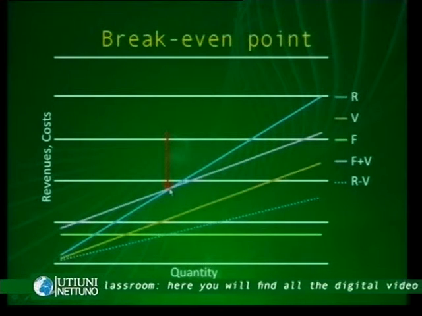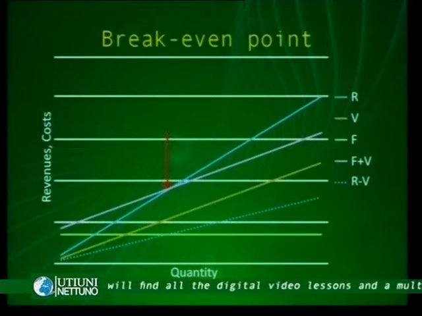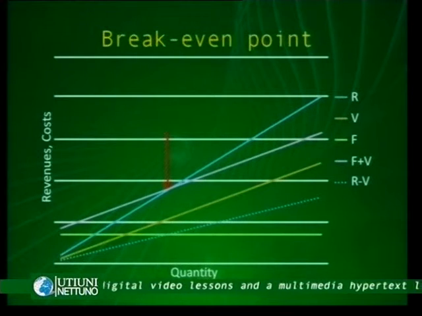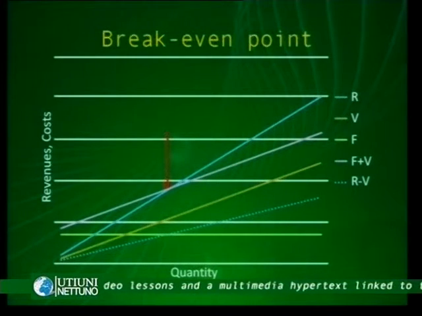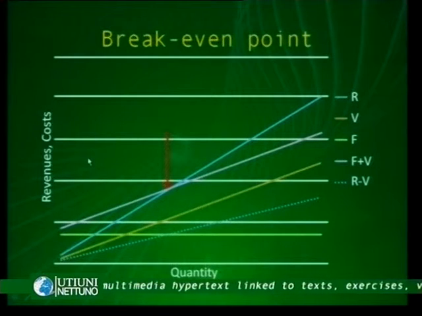And there is here a point where the two lines intersect. So the intersection of the line of the revenues, that is the blue line, and the line of the total cost, that is the purple line, is exactly the break-even point.